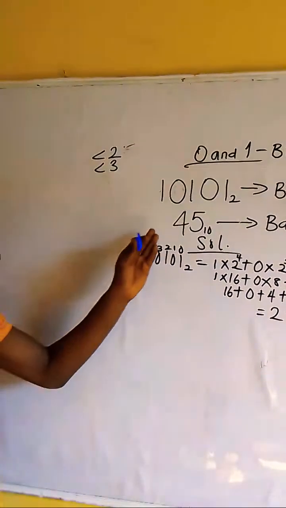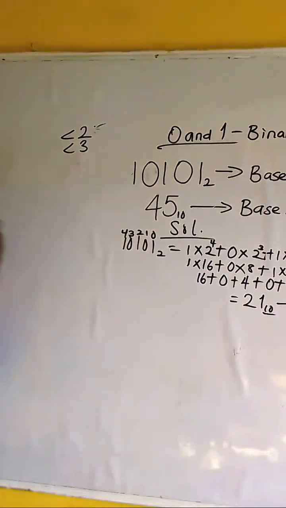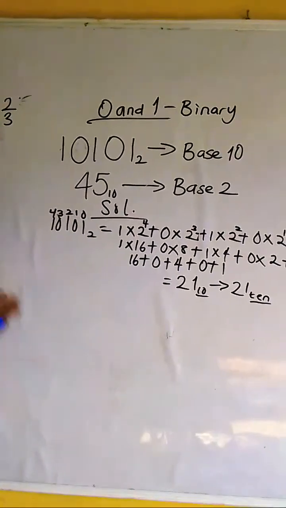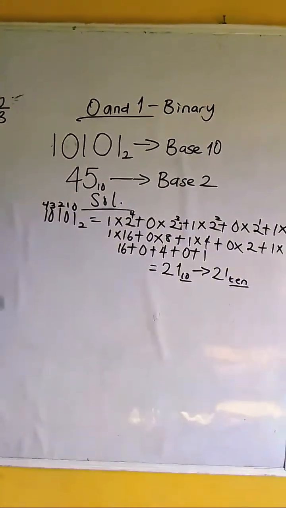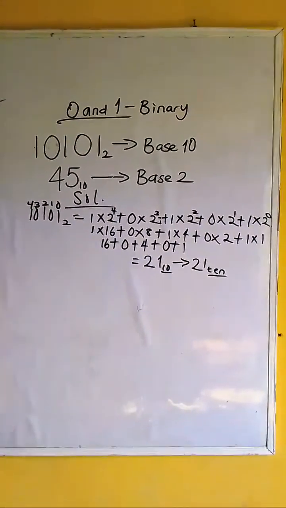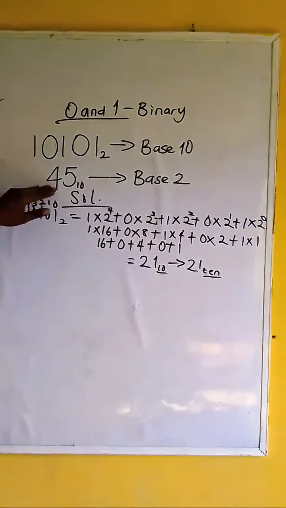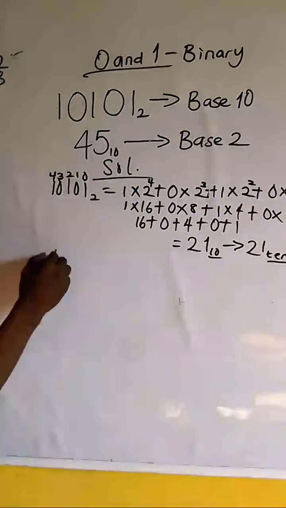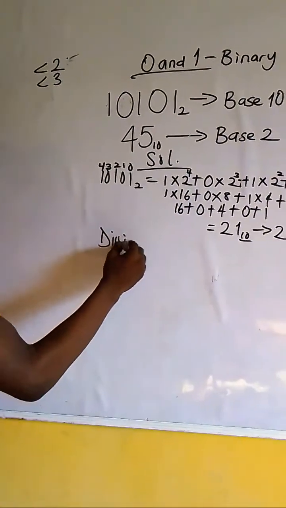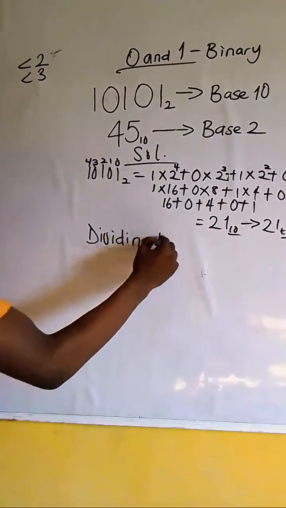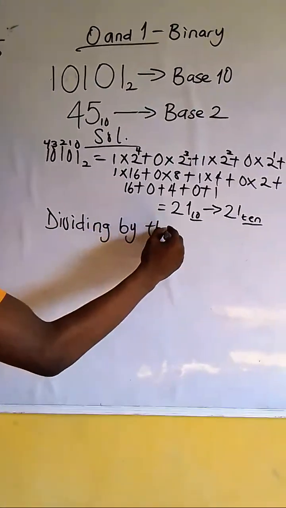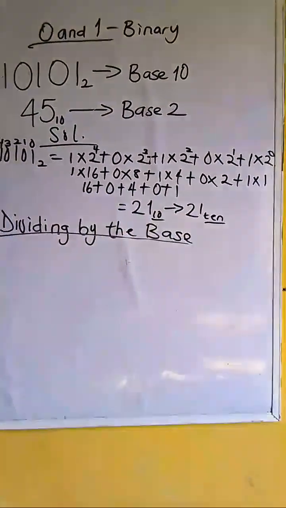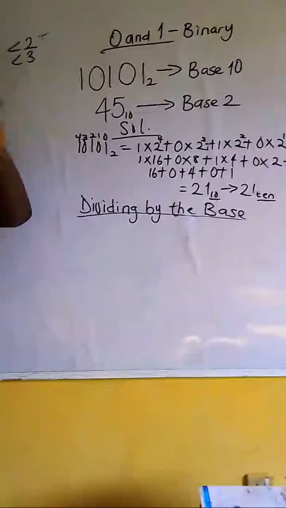So now, how do we convert base 10 back to base 2? If you are converting base 10 to base 2 or any other base, because we may still consider other bases in our next class, you are simply dividing by the base. When we converted base 2 to base 10, we multiplied.